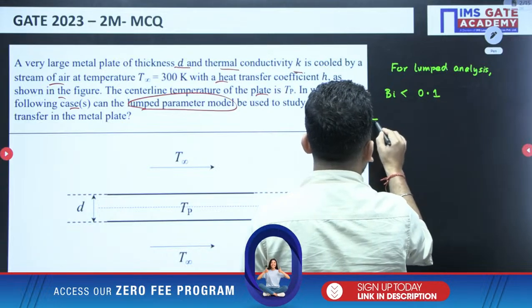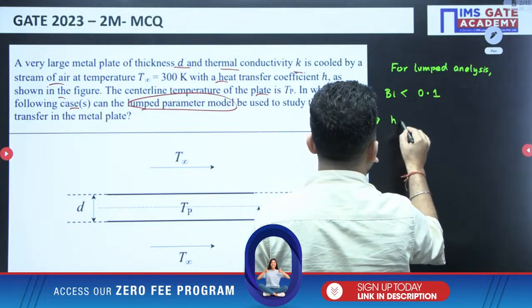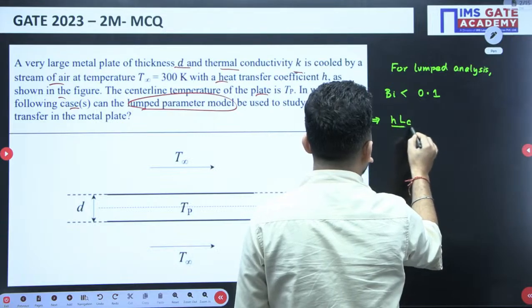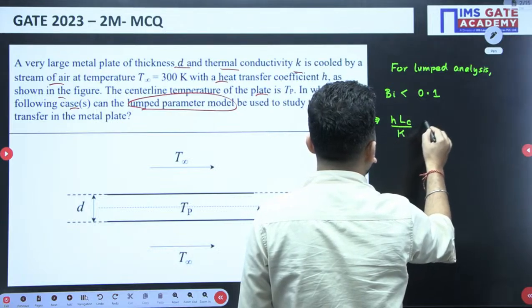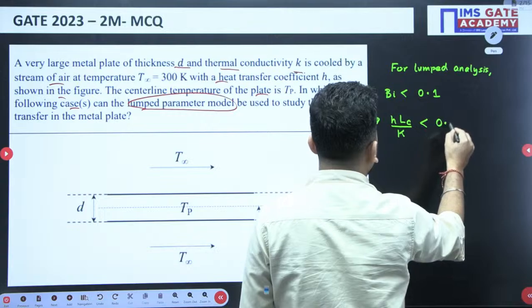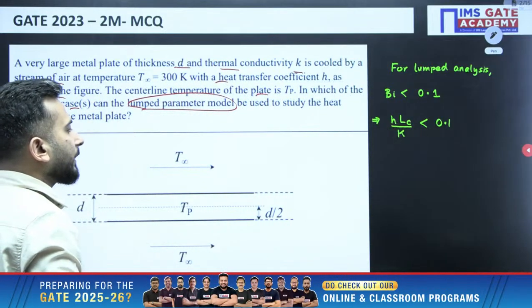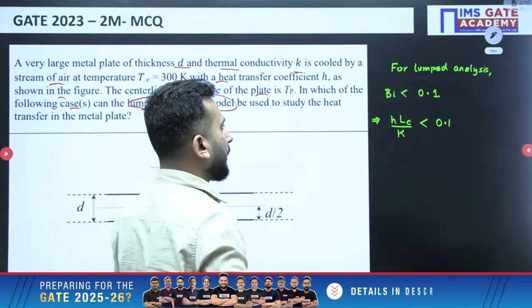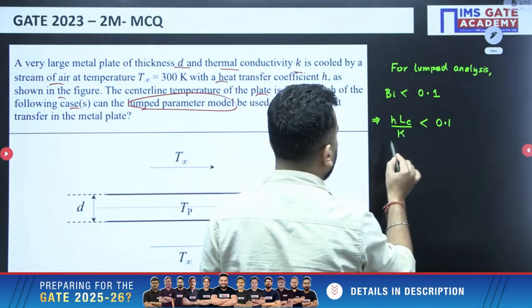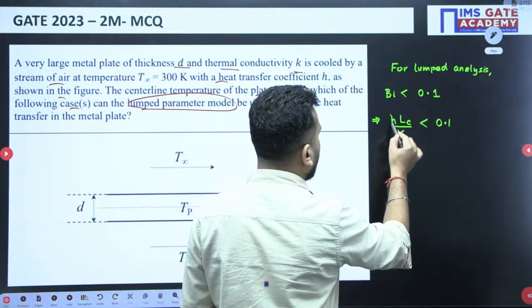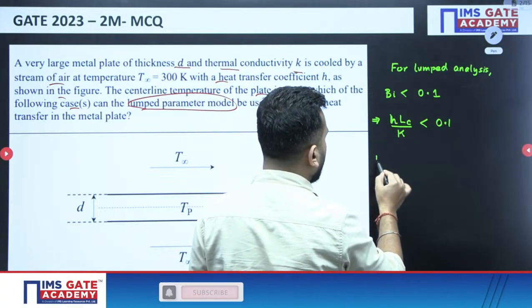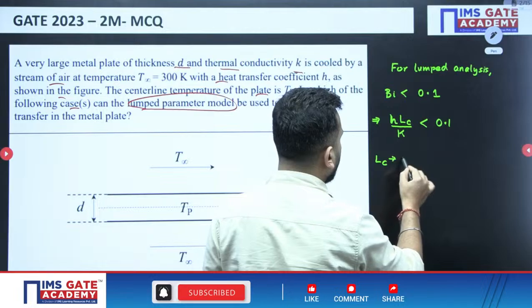And what is the Biot number? That is H Lc by K. H Lc by K value should be less than 0.1. What is H? H is the heat transfer coefficient. What is K? K is the thermal conductivity of the material. Now what is Lc? Lc is the characteristic length.